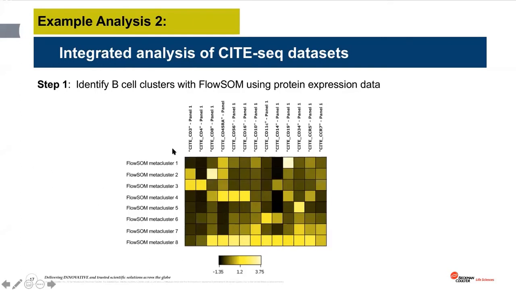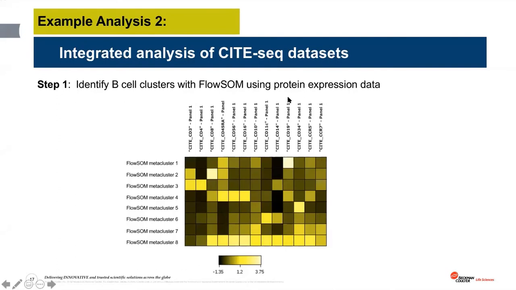In step one, you will run FlowSOM with your protein expression data. In this particular example, I set up a FlowSOM run generating 8 different meta clusters. As you can see in this heat map, we have 8 different rows, and the columns are the expressions of different antibodies.